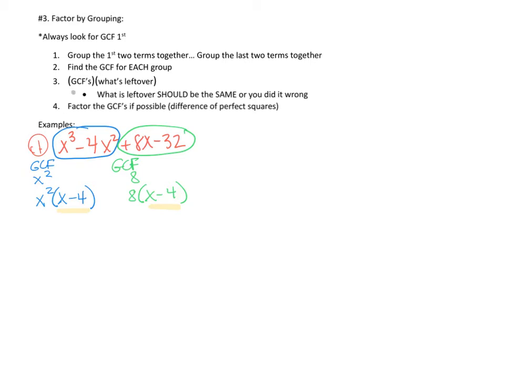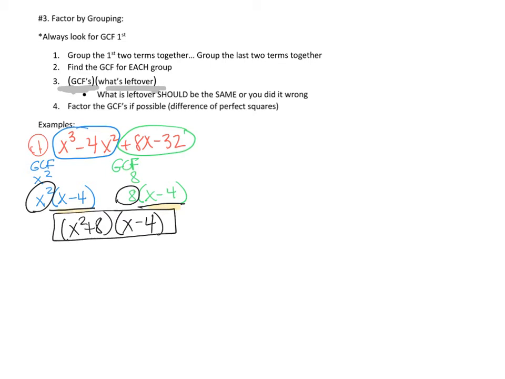I'm going to take my GCFs, and then I'm going to take what's left over. So my GCF is going to look like x squared plus 8. My leftover is going to look like x minus 4. That's what's left over after I take off my GCFs, and it's also what was in common. So that would be now factored by grouping.